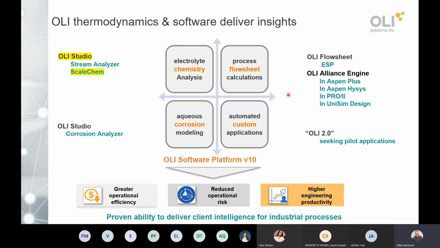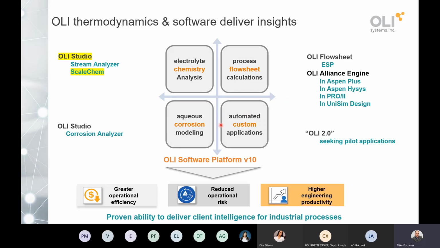Essentially, if you already have a model in one of these other tools, we can bring in OLI technology, or OLI's calculations, as a property method. So you can use our ability to handle the electrolyte side of things in those tools if you already have them. Obviously, a big key here is if you've already got models built and you have expertise in that tool, we don't want you to have to learn new software to run that.